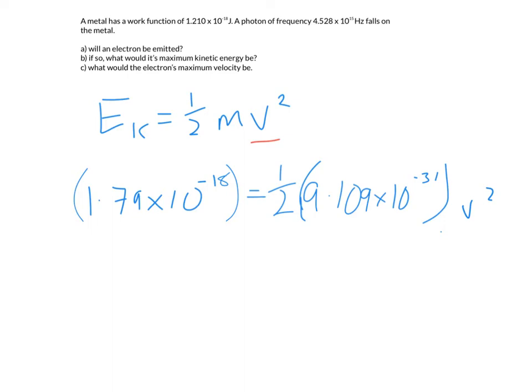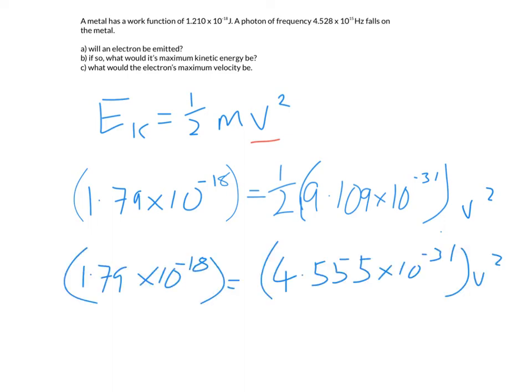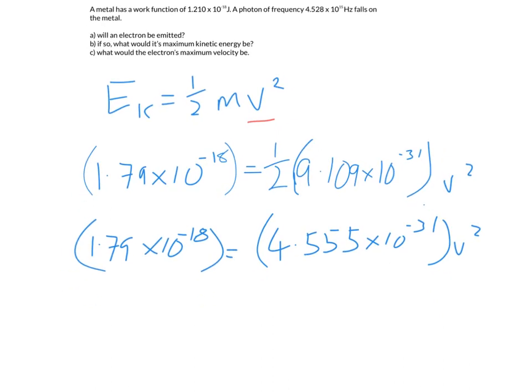And we can start multiplying this out now. Starting over the right hand side, it simplifies to 4.555 by 10 to the power of minus 31. And now we'll just divide both sides by that number to get v squared by itself. So dividing the left hand side by 4.555 by 10 to the minus 31 gives us 2.613 by 10 to the power of minus 12.